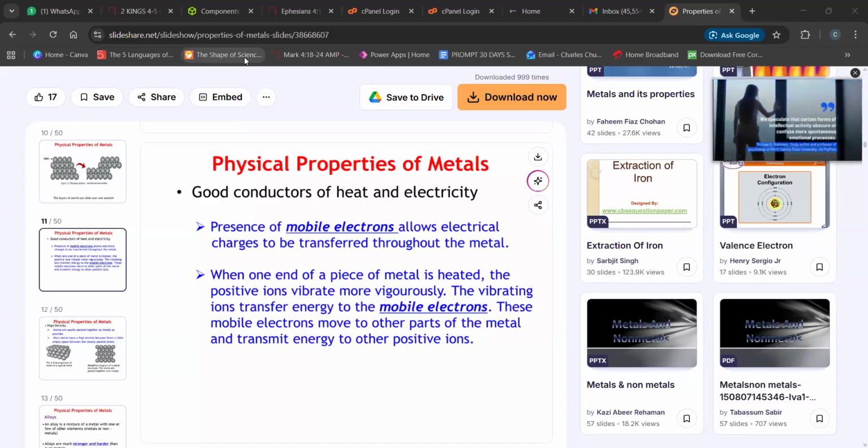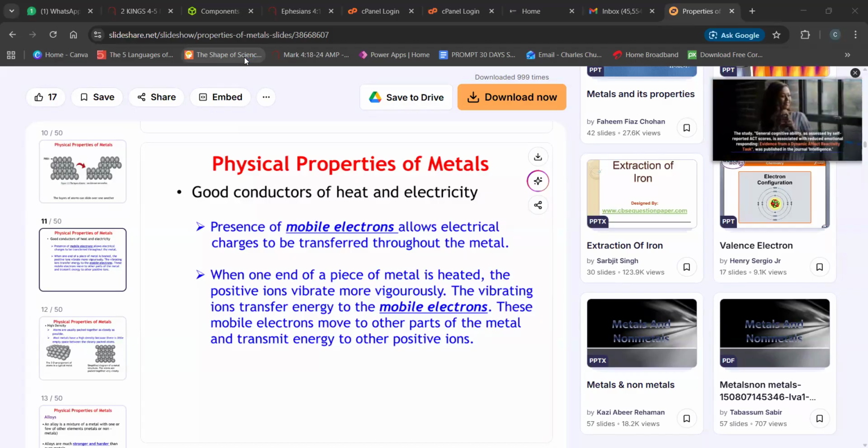Their energy level goes up, and then they touch the next ones and transfer that energy to the ions there. And that keeps going on and on.